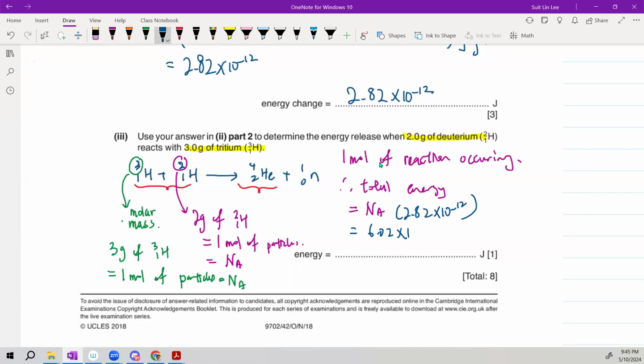So 6.02 times 10 to the power 23, times 2.82 times 10 to the power negative 12, you'll get 1.697, okay lah, 1.70 times 10 to the power of 12 joule. Lots of energy. Few gram of particles, lots of energy. That's why the sun is such a large nuclear reactor.